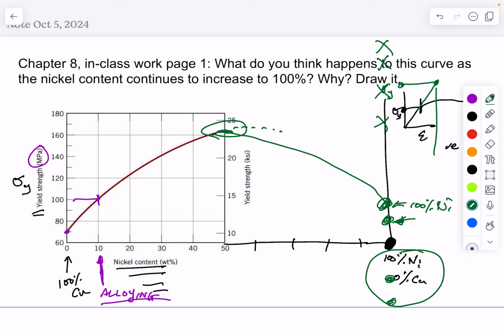To recap the concept, it's captured in this picture. Any pure material is going to have a linear region.